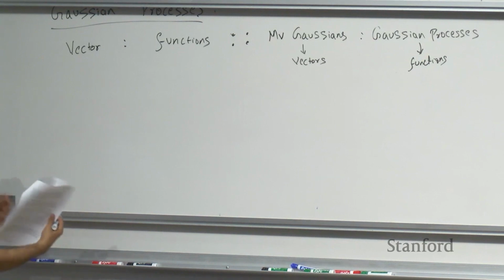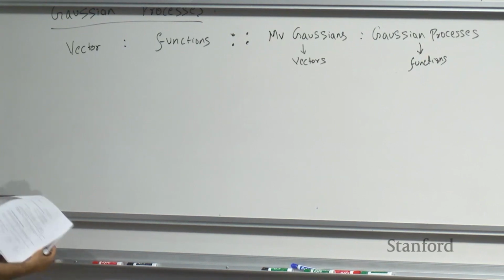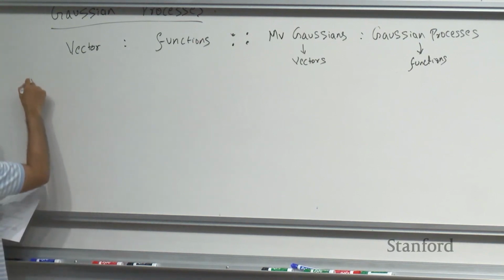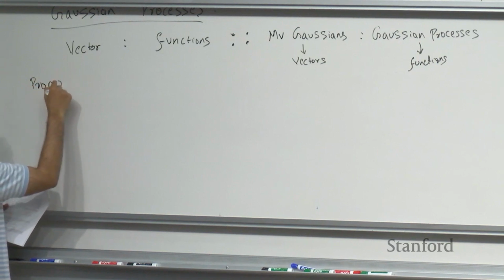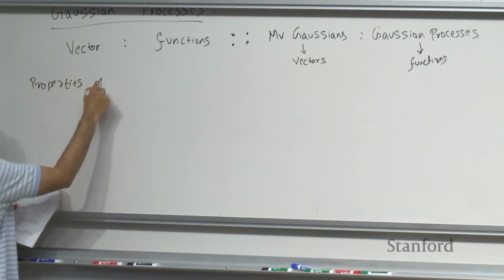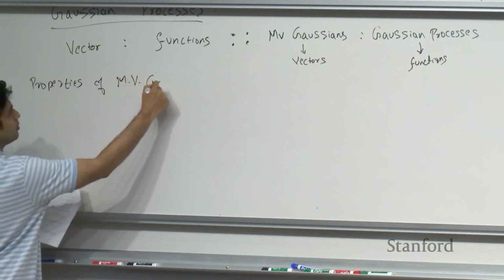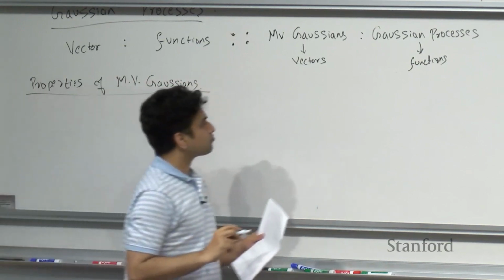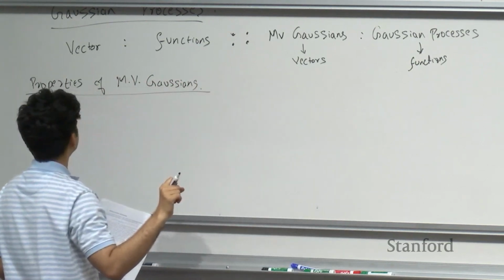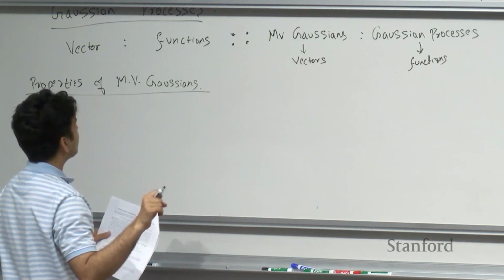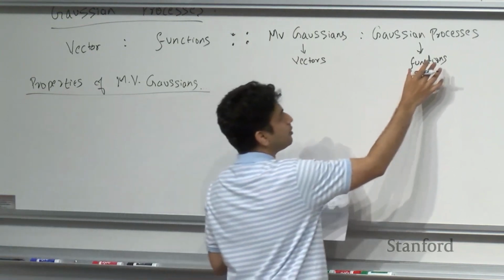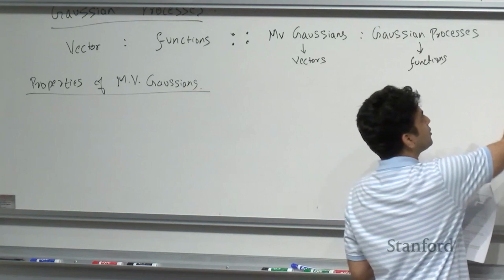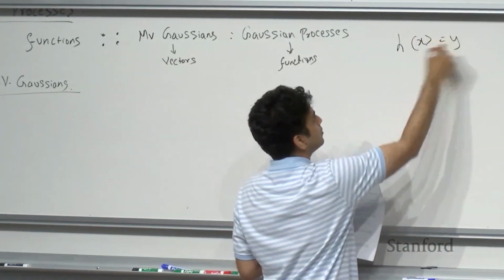To start off Gaussian processes, let's review some properties of the multivariate Gaussian distribution. Also, for you to expect what's to come, the functions over which we are going to define Gaussian processes are going to be our hypothesis functions.